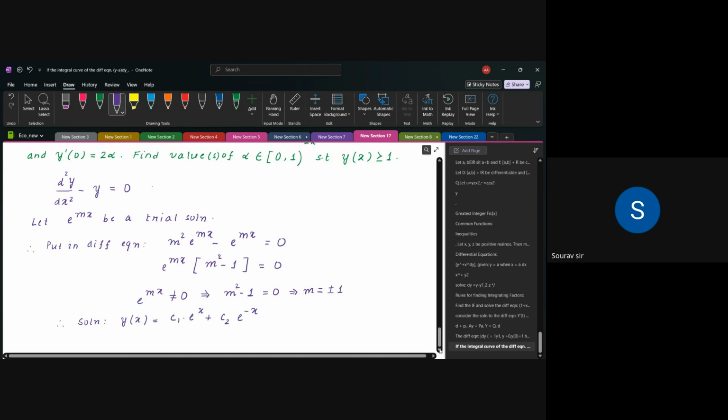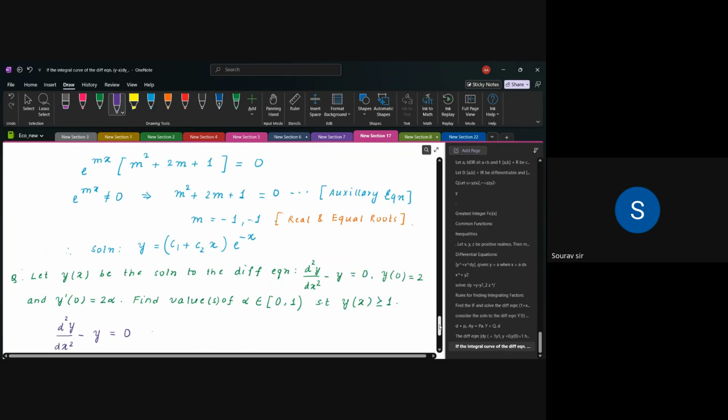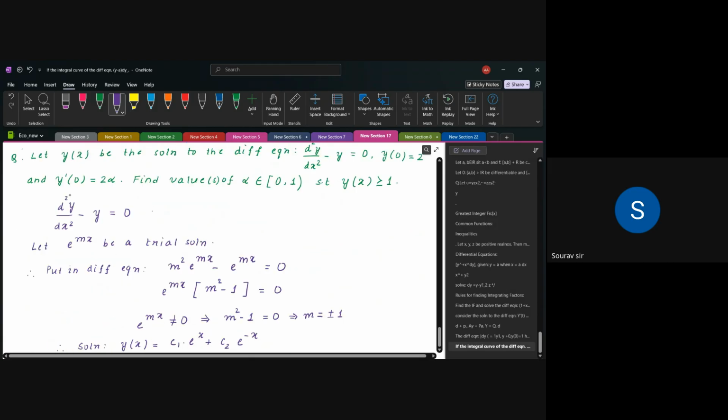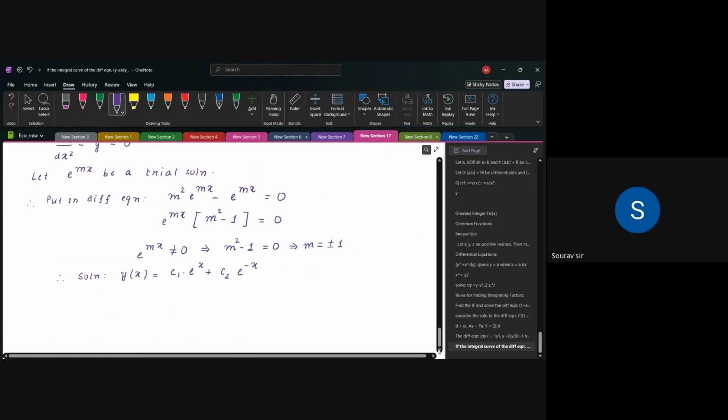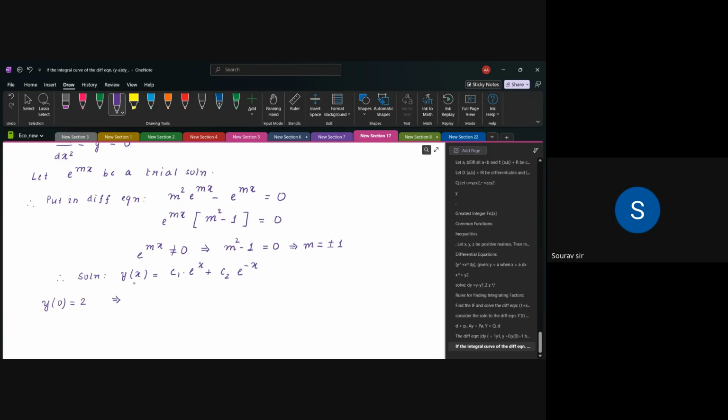Okay. So from here, we are given two initial conditions and then we need to find out c1 and c2, right? So the first is y of 0 is equal to 2. If I put that over here, y is 2 and x is 0. So 2 equals c1 plus c2, correct? This is basically your first equation. And the second one is given as y dash of 0 is equal to 2 alpha, right?